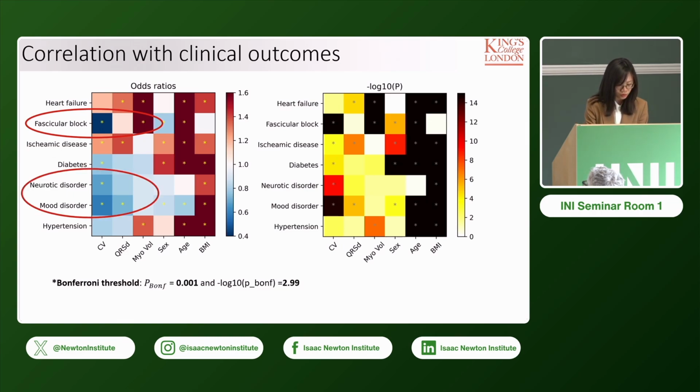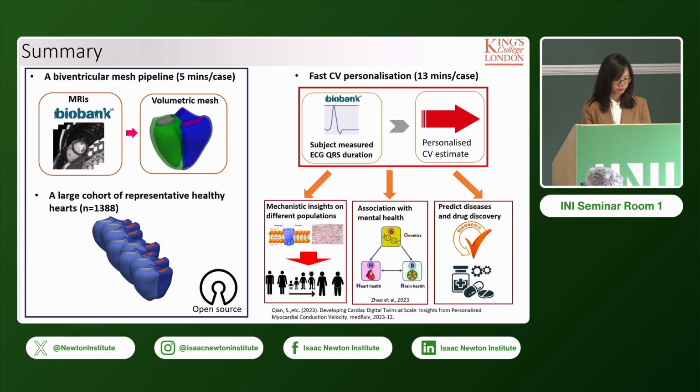this reduced conduction velocity is more strongly related to neurological and mood disorders, compared with the QRS duration and the heart volume. And in summary, to conclude, yes, we can make cardiac digital twins at scale and move on to population-based studies.